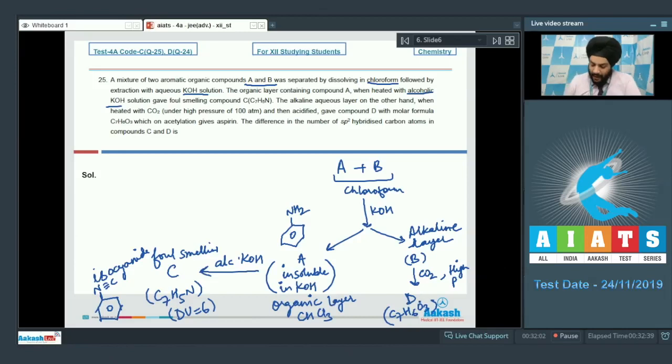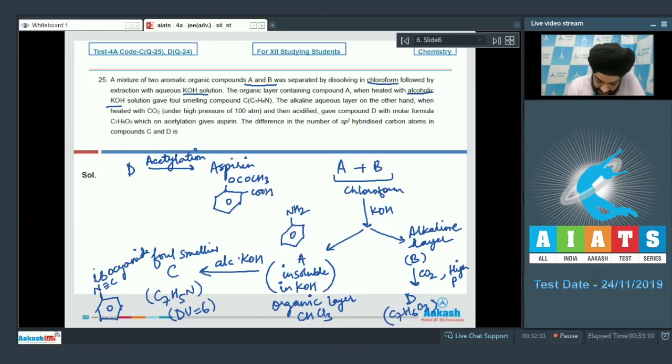And it is mentioned that the compound D, when acetylated, gives us aspirin. So students, D upon acetylation gives us aspirin. If we talk about the structure of aspirin, aspirin is this structure, students. This is formed upon acetylation. So it must mean that the compound D is salicylic acid.